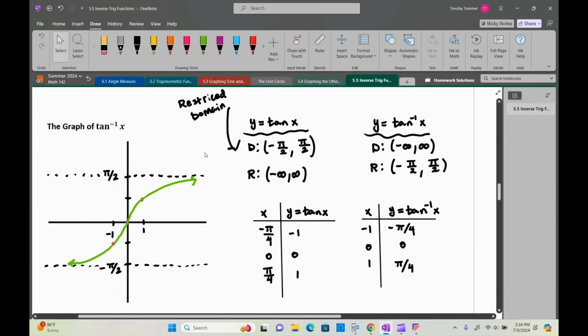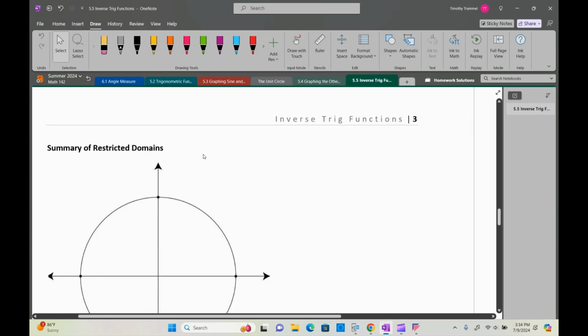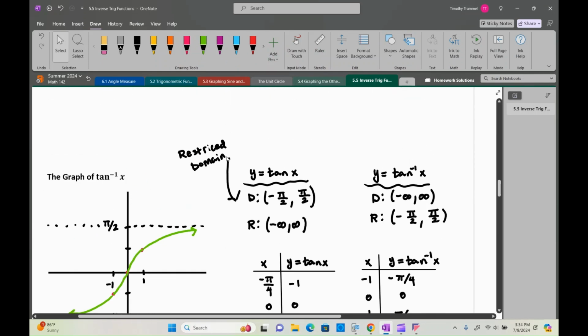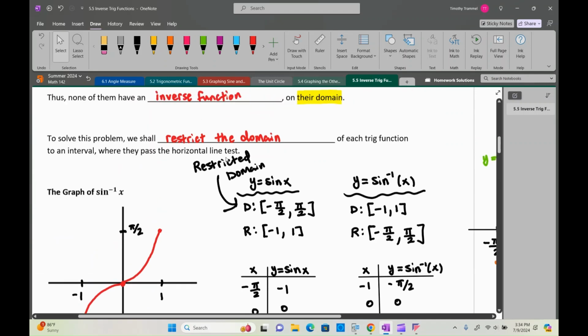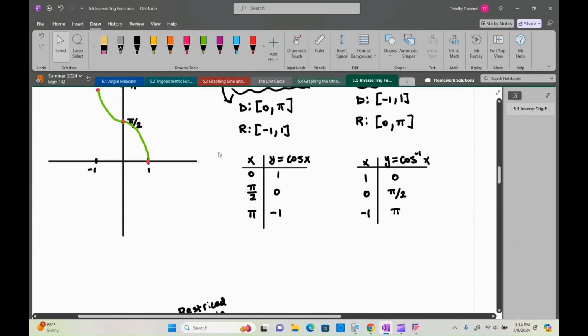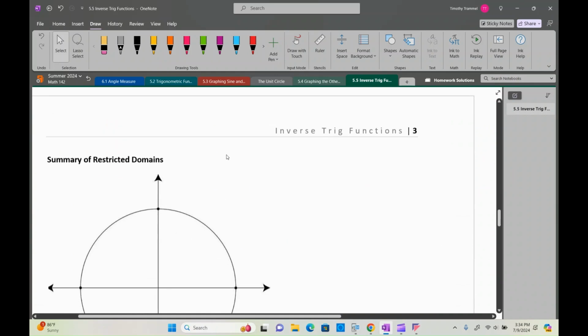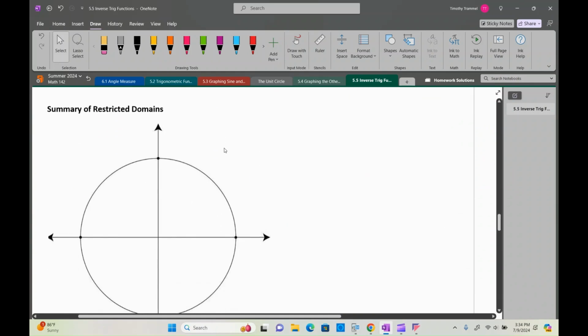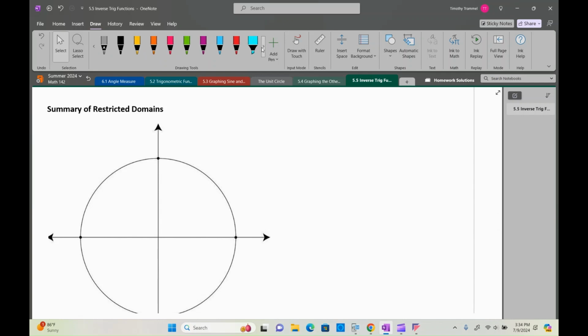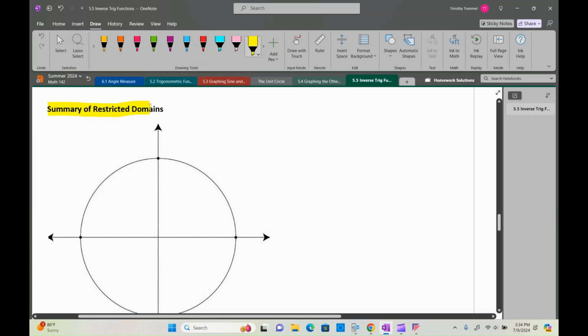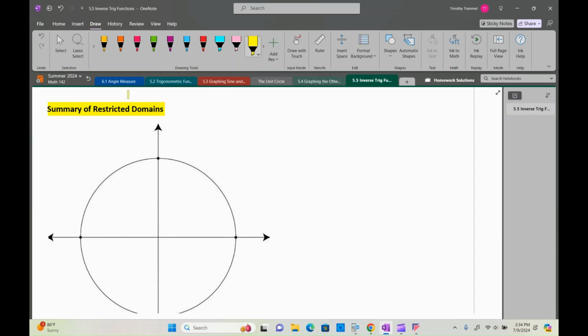All right. Now, here's the deal. It's nice and all to have these graphs, but how are we really going to be using this? One of the most important things you need to know from up there is what these restricted domains are, because we need to know what kind of angles we can get out of our inverse trig functions.